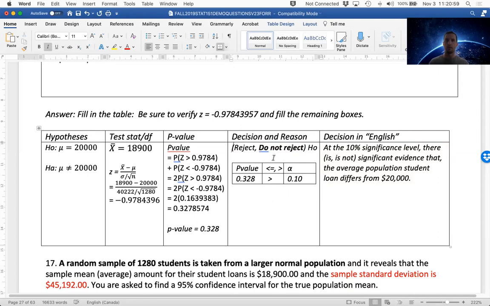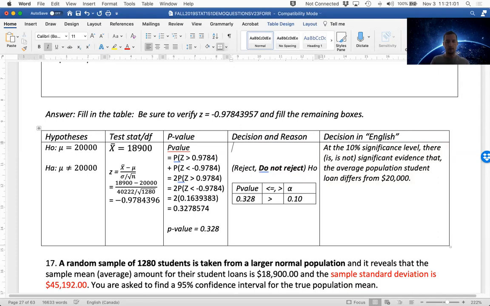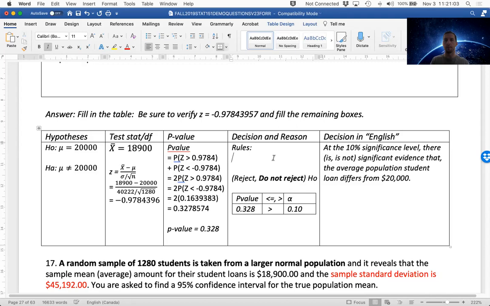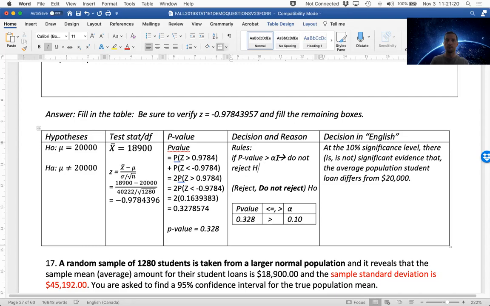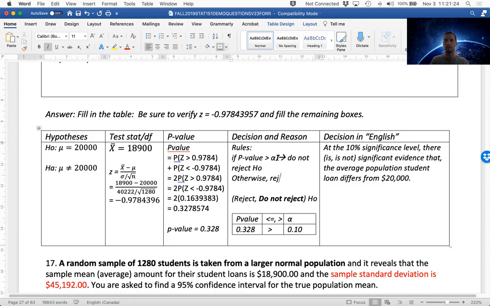Okay. So as a reminder here, the rules are if p-value is greater than alpha, do not reject H0, otherwise reject H0.